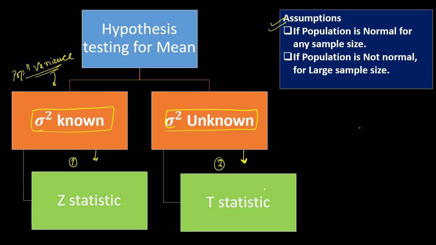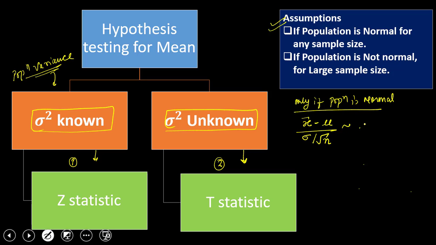This is the case because we have seen in our previous slides that only if the population is normal, the sampling distribution of the sample mean, that is x bar minus mu divided by sigma divided by root n, follows the standard normal distribution curve.